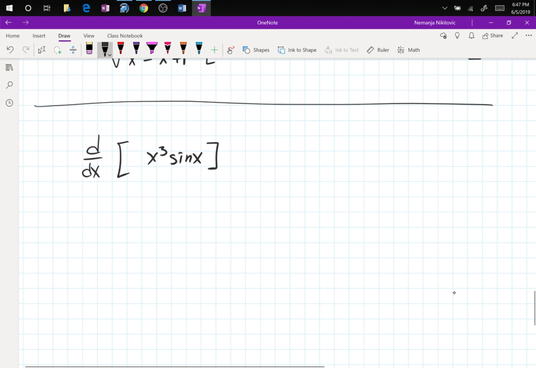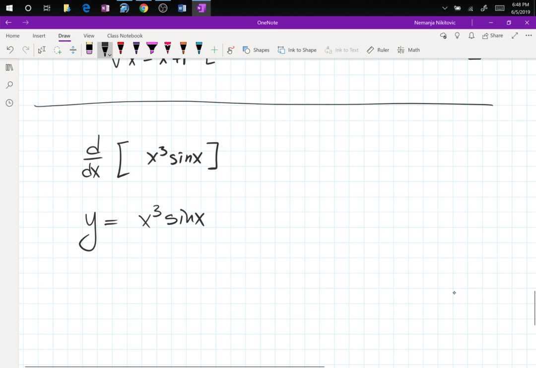All right, so what is the secret? The first order of business is to define y as x cubed sine x. Clearly, we can do this with product rule. It's a no-brainer. But we can also use the sledgehammer.